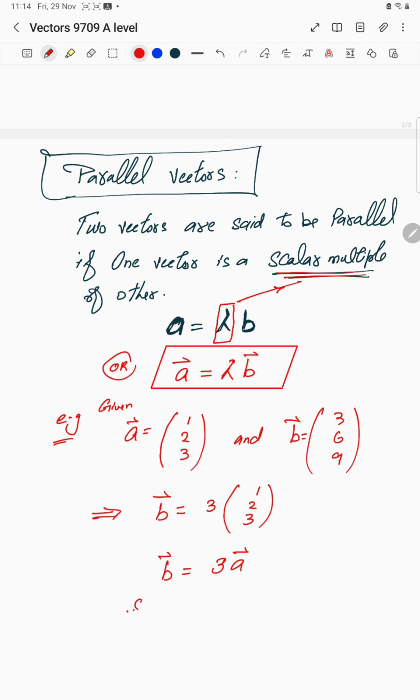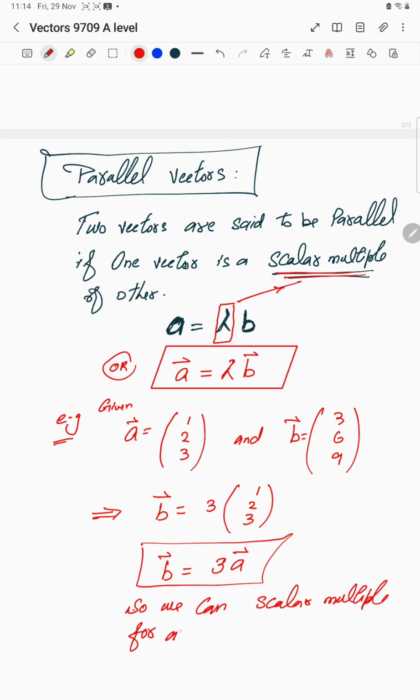So the scalar multiple for the above case, B is equal to 3A, is 3, because that is lambda.